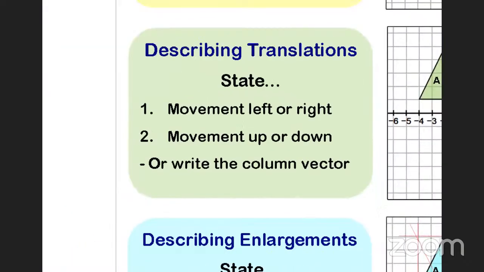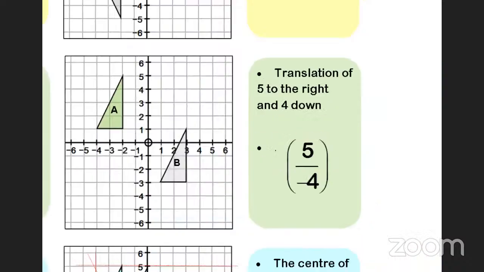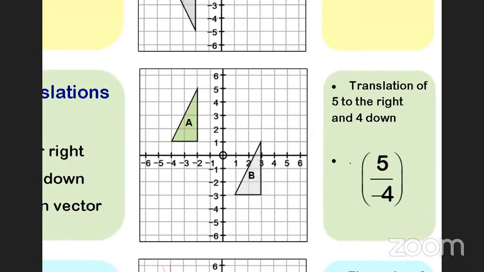With translation, you move left, right, up or down. What controls left or right? The X value. What controls up or down? The Y value. Here's an example, a translation of 5, minus 4. What does that translation say?